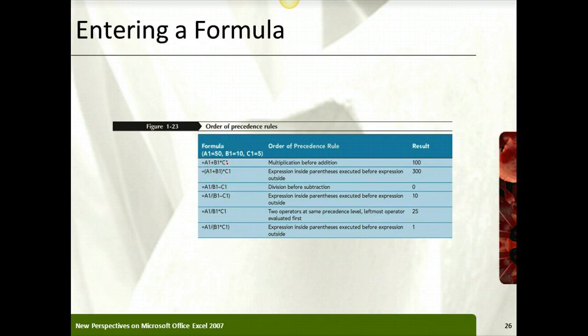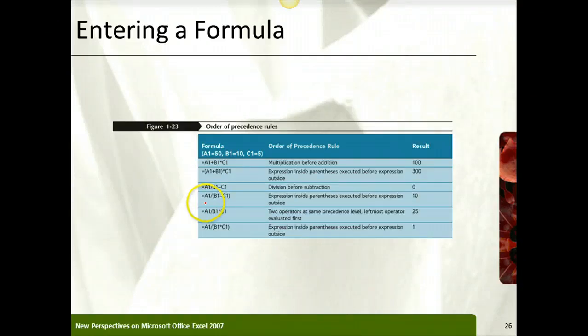Order of precedence here is going to be that the multiplication is always going to be before the addition. The next one, A1 plus B1 in parentheses times C1, because A1 and B1 are in parentheses, the addition is going to be executed first, multiplication second.